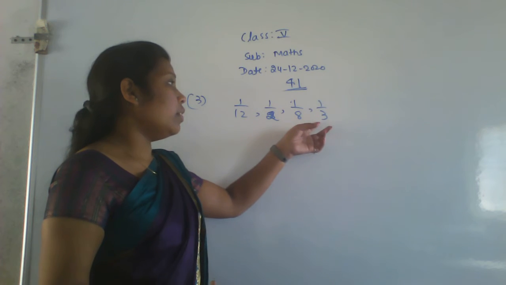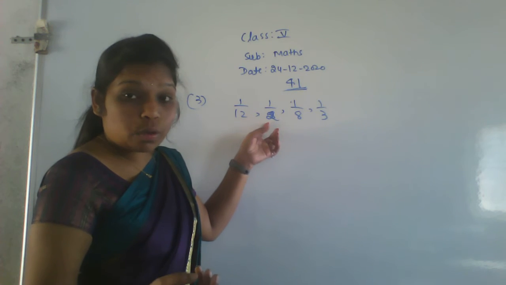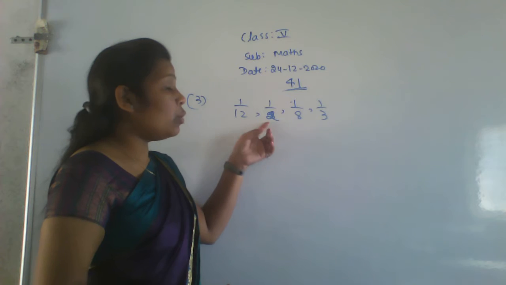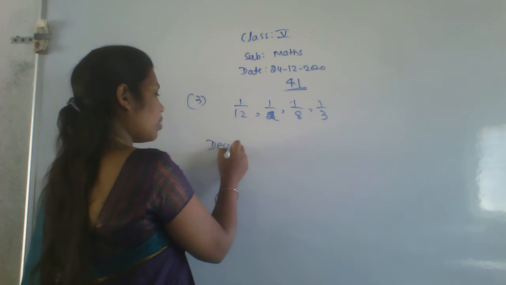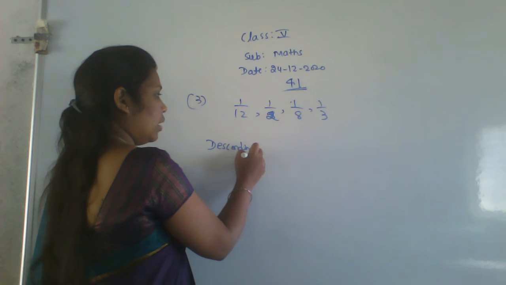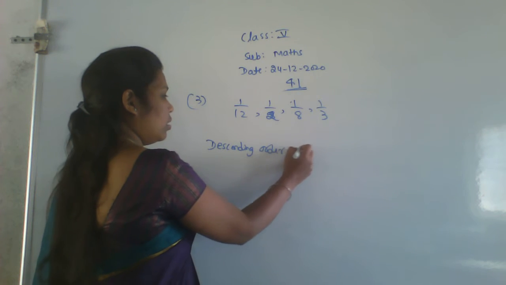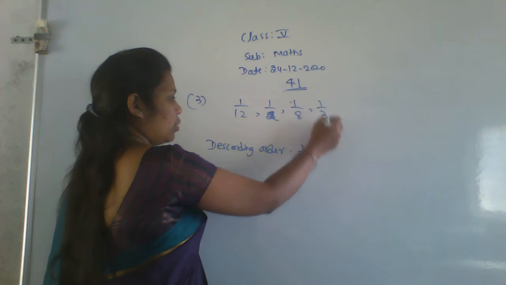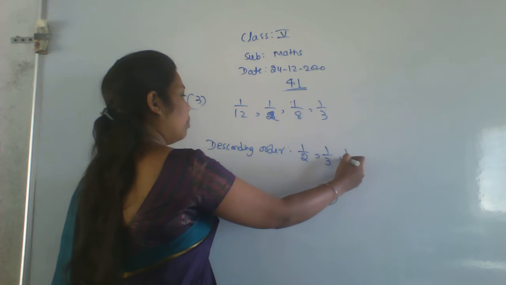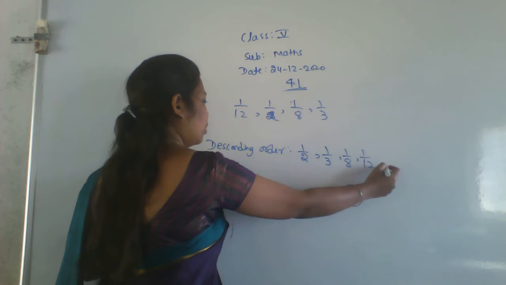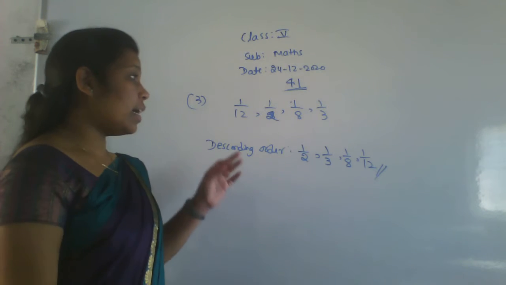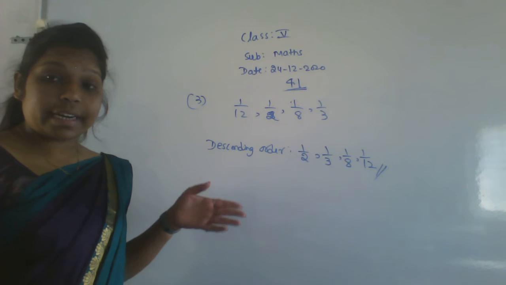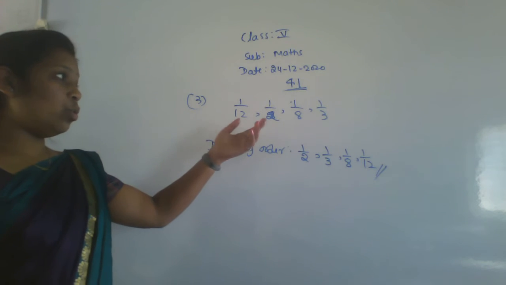Okay, so here 2 is the smaller value, but 1 by 2 is the greater value. So descending order is 1 by 2, next 1 by 3, and here 1 by 8 and 1 by 12. Whenever the numerator is the same, we have to take the reciprocal of that number. Which one is the greater in numbers? 2, 3, 8, 12.